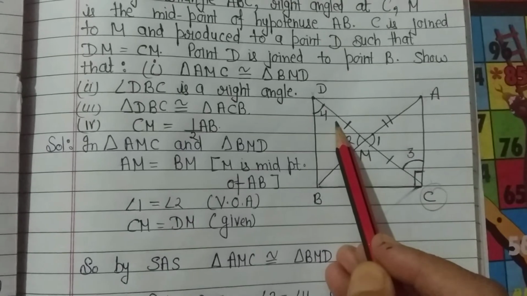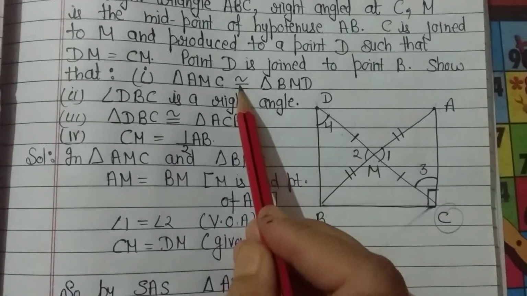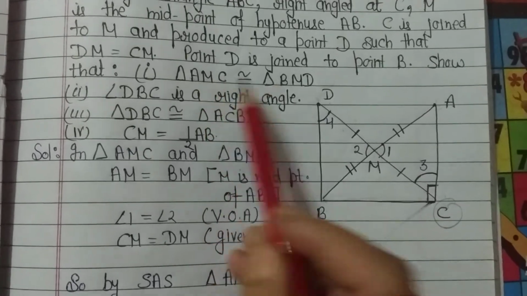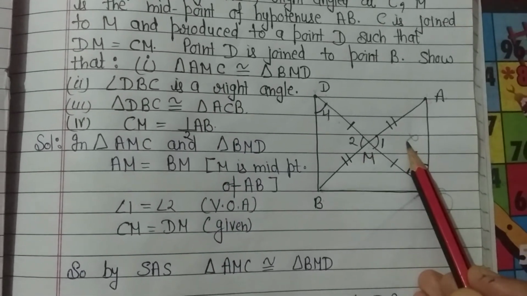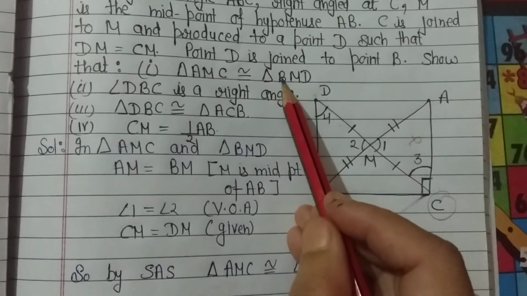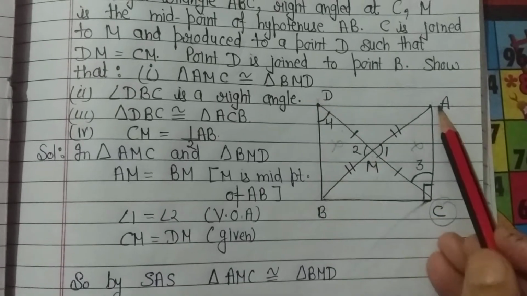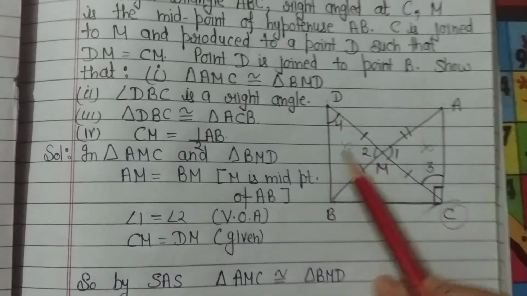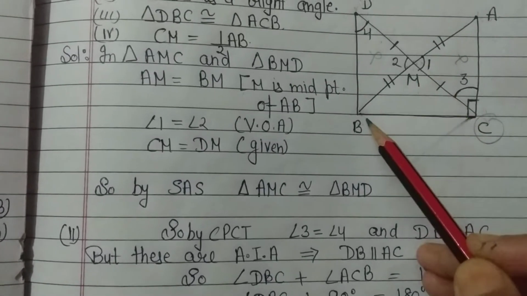In the first part, I have to prove triangle AMC is congruent with BMD. Now I have taken both the triangles here. Now AM is equal to BM.